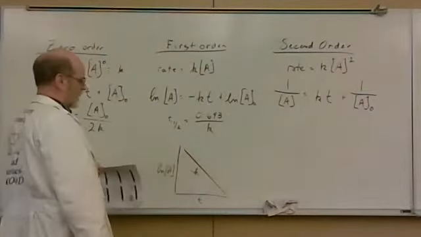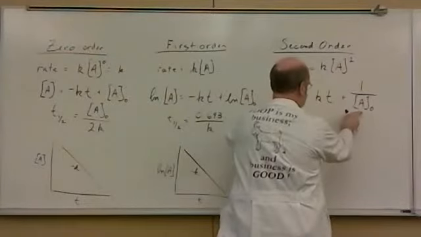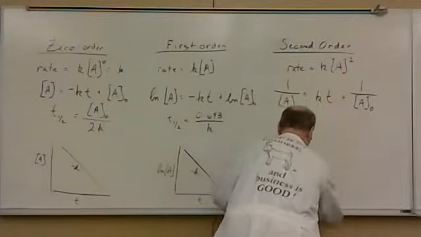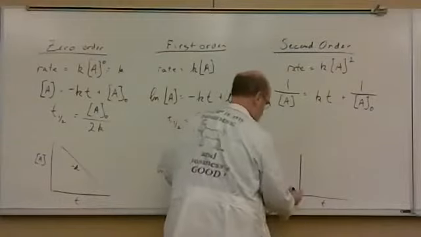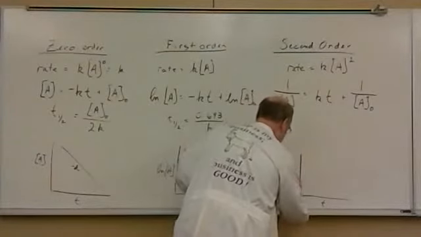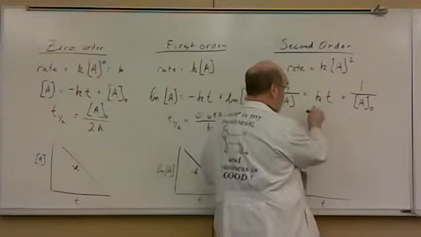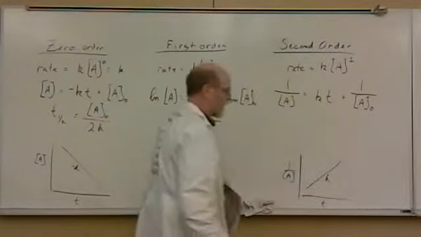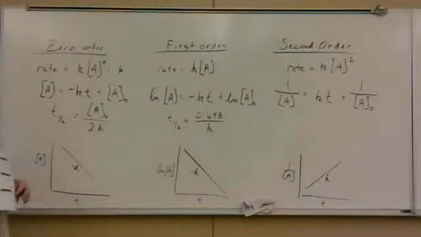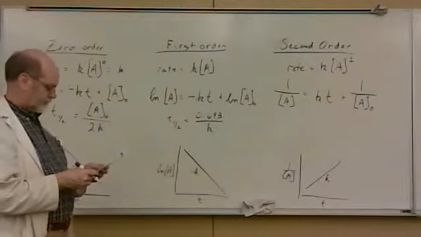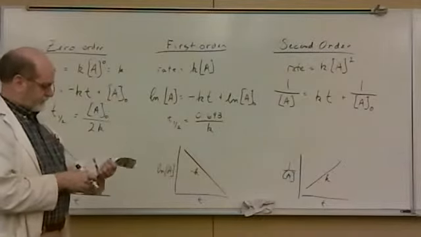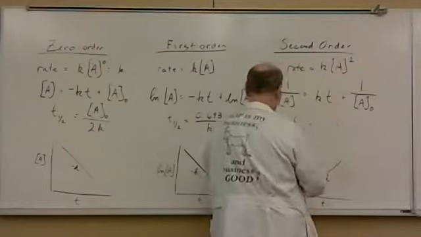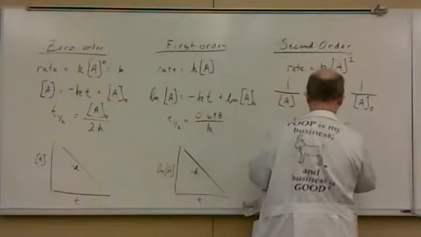So if we plot the inverse of A against time, with time on the x-axis, it will give you a straight line, but notice it's positive, with a slope of K. The half-life expression is 1 over K times A.